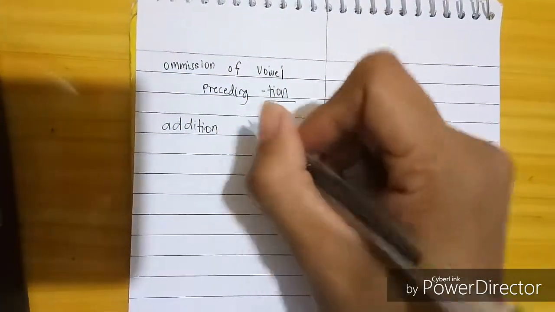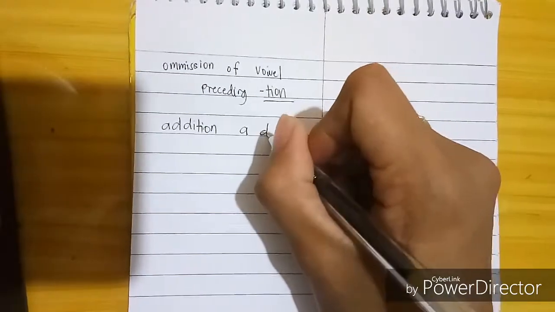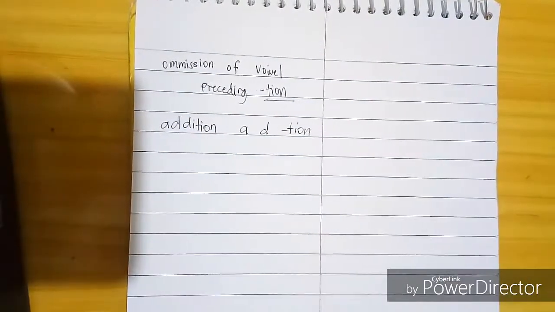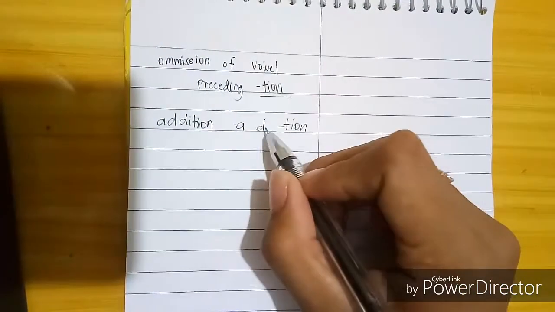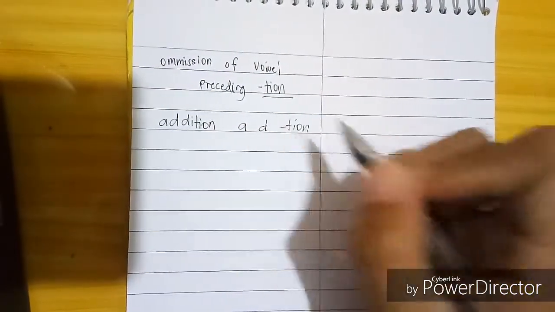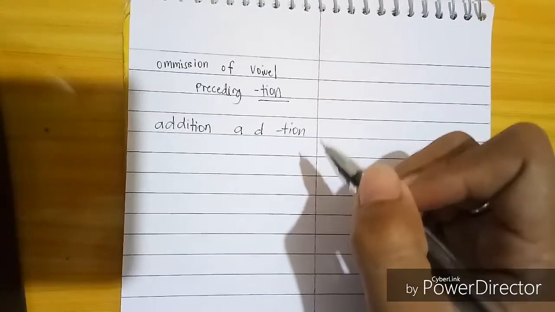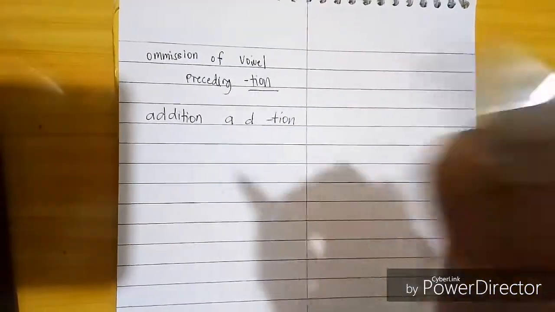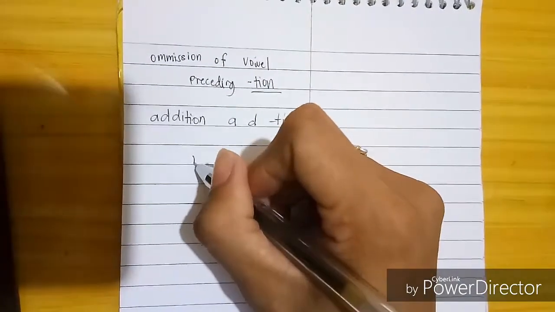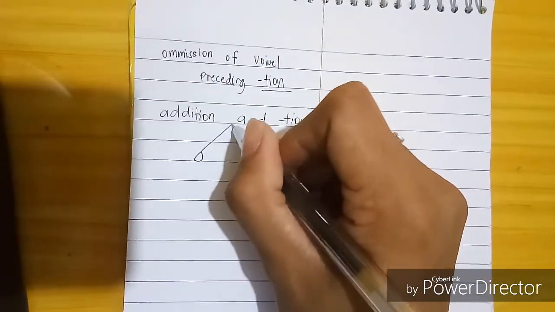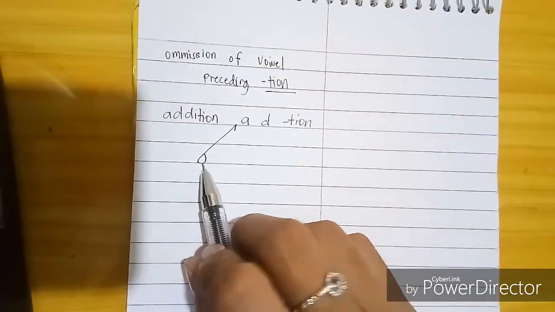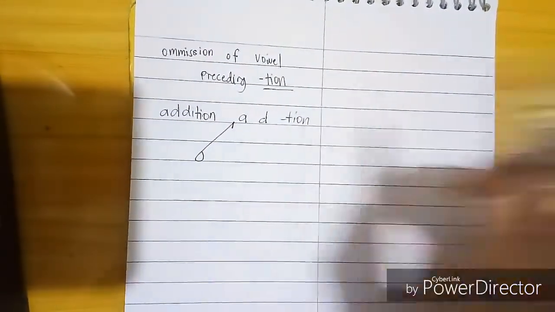It is represented by A, D, and the sound of Sean. We can see that we omitted the vowel I because after that is the word Sean. It will be written in this way.